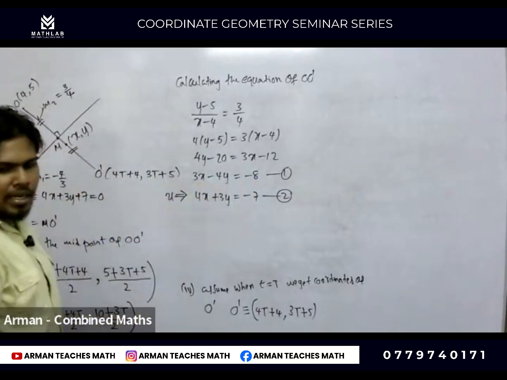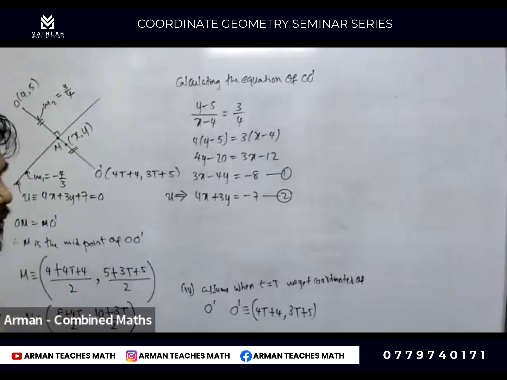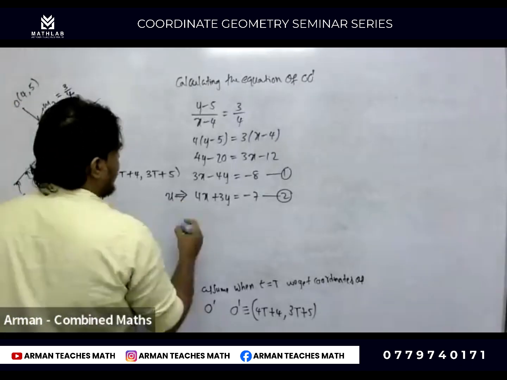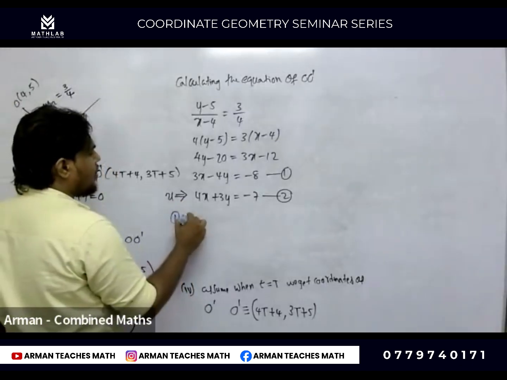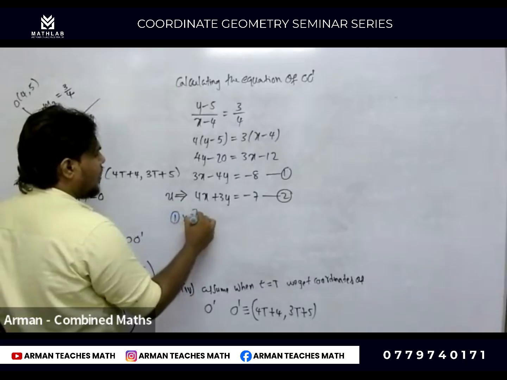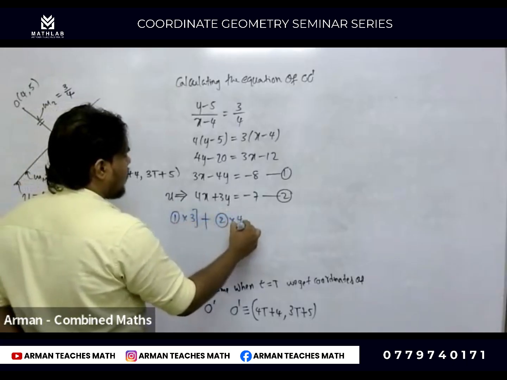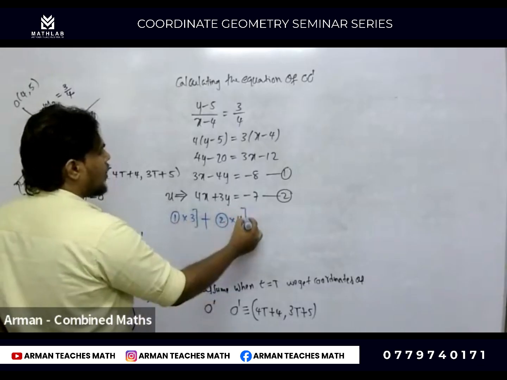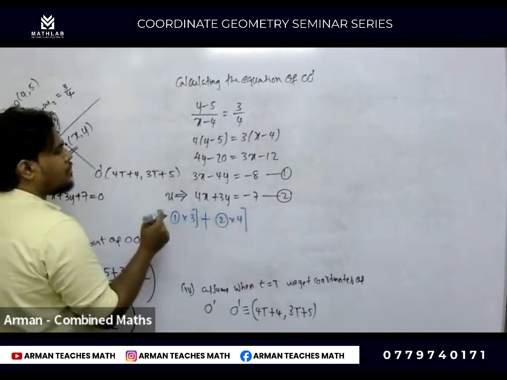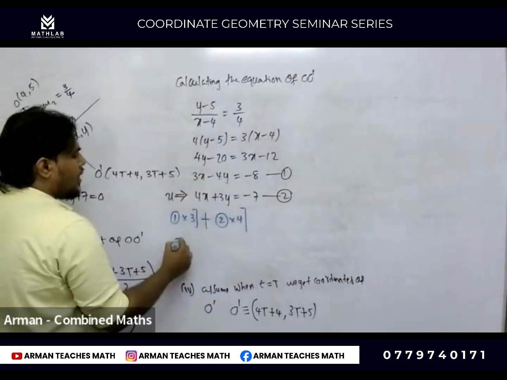Now this is O level simultaneous equation simplification. Do it: first equation multiplied by 3 plus second equation multiplied by 4. I'm going to multiply the first equation by 3, we get 9x minus 12y.